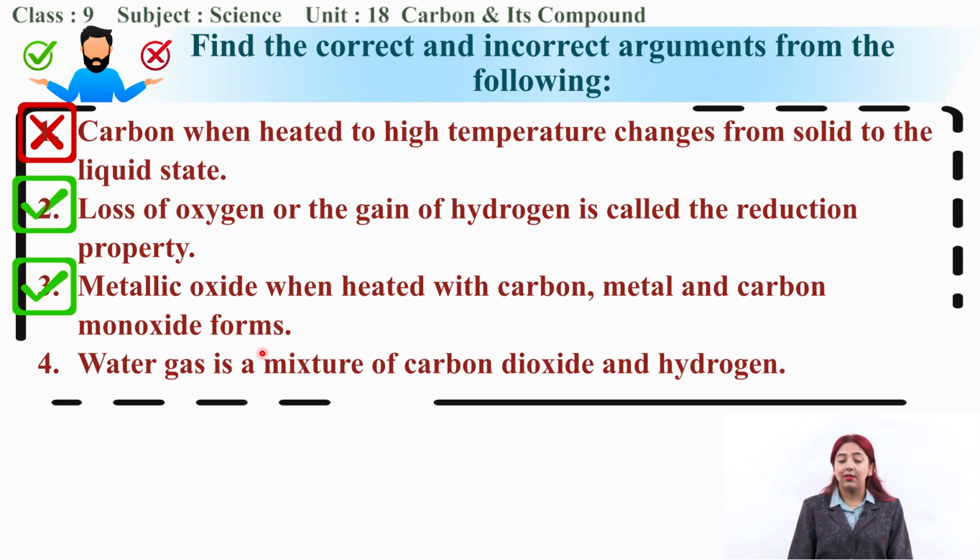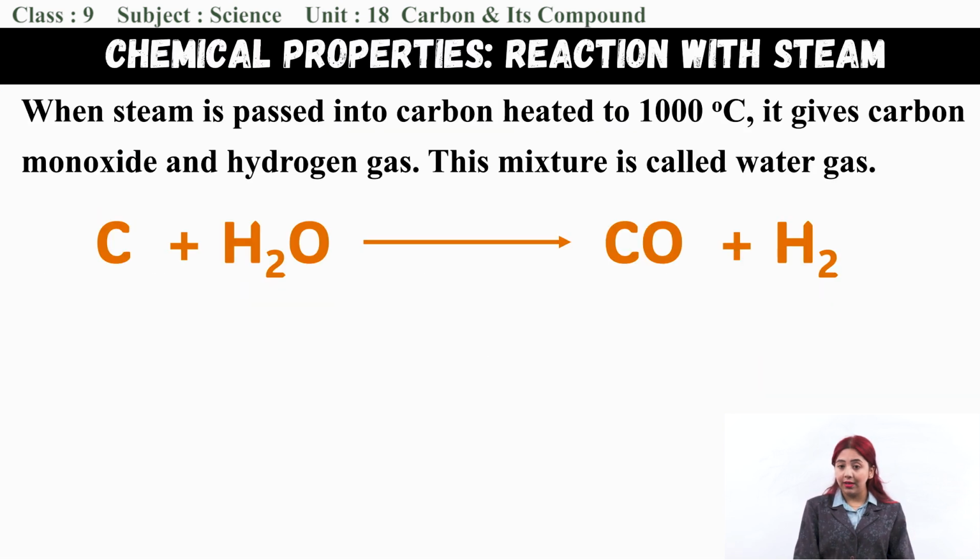Now we have the final argument. Water gas is a mixture of carbon dioxide and hydrogen. So is this true? No, it's incorrect. Why? Because when carbon is heated at a very high temperature and steam is passed over it, then what happens?